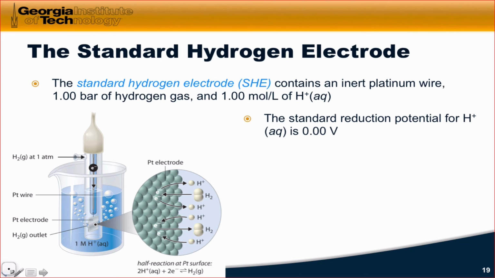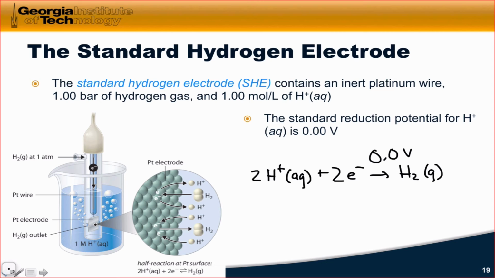The standard reduction potential for the proton, which is the potential associated with two aqueous protons accepting two electrons to form H2 gas, is defined as 0.0 volts. This is part of that convention, and it's necessary to give us a standard for the cell voltage, 0.0 volts for the reduction of H+.